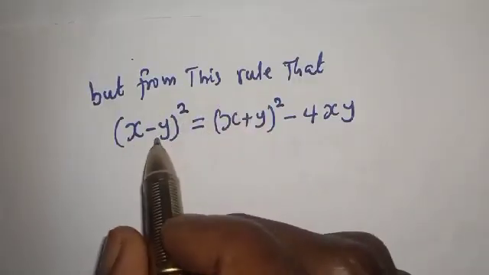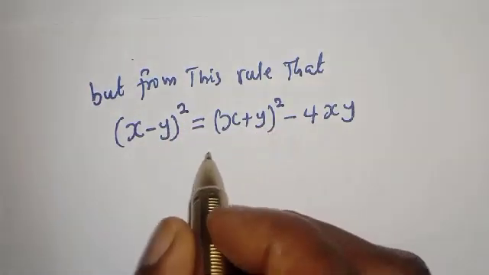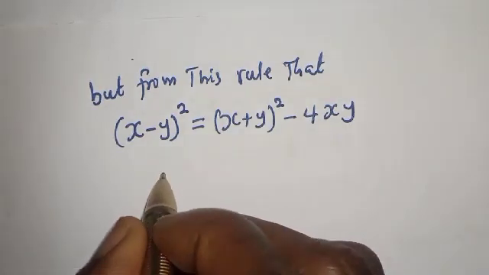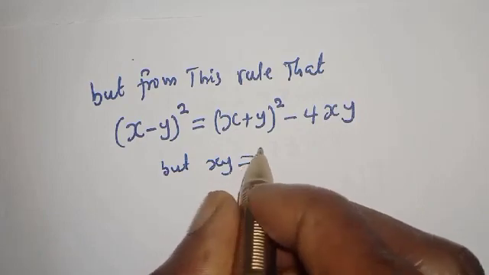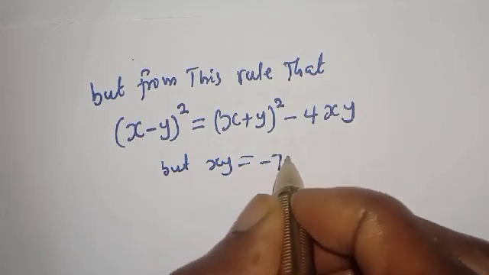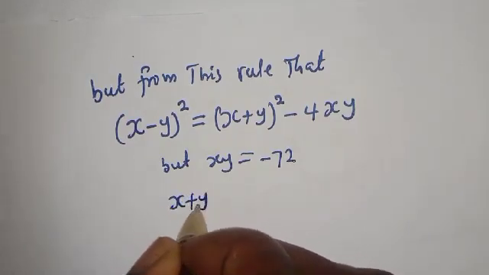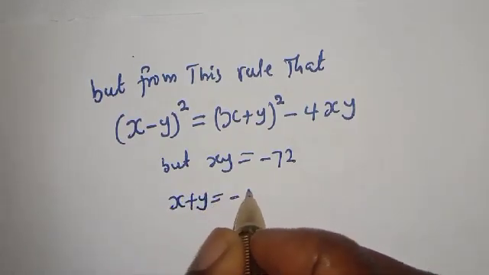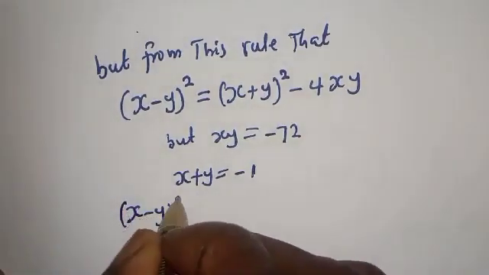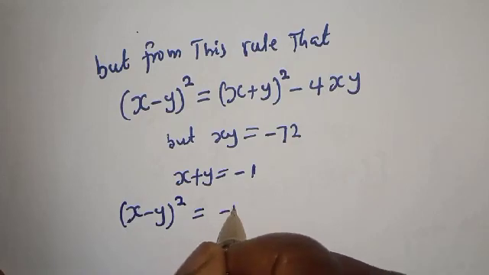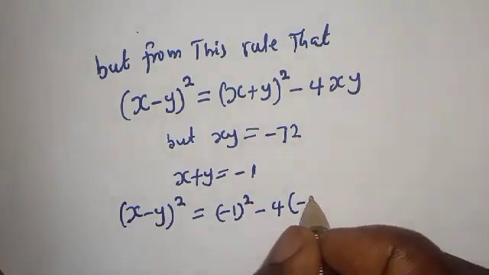But from this rule, (x minus y) squared is equal to (x plus y) squared minus 4xy. But xy is equal to minus 72. Now x plus y is equal to minus 1. Let's substitute. Here (x minus y) squared is equal to (minus 1) squared minus 4 times (minus 72).